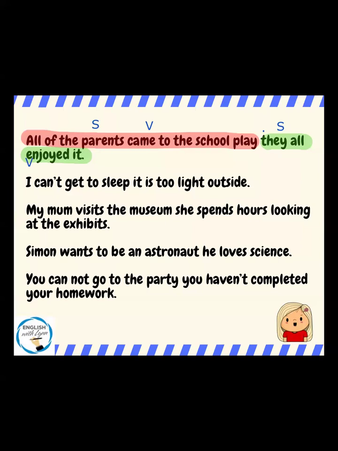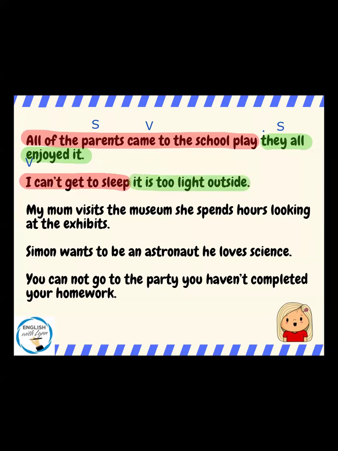Now, the next one: "I can't get to sleep it's too light outside." I need to spot my clauses. My first main clause, I think I've got it: "I can't get to sleep". So this bit here is my first main clause. My second main clause is "it's too light outside".